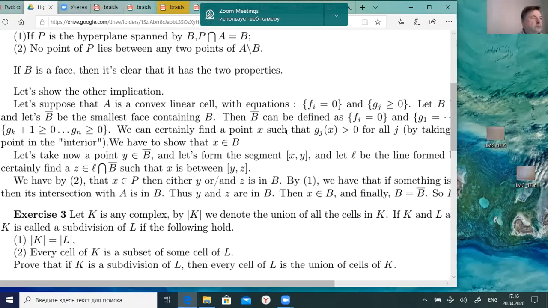So Y and Z belong to B, and X being in the segment, X belongs to B as well. Then B equals B bar, and we are done.